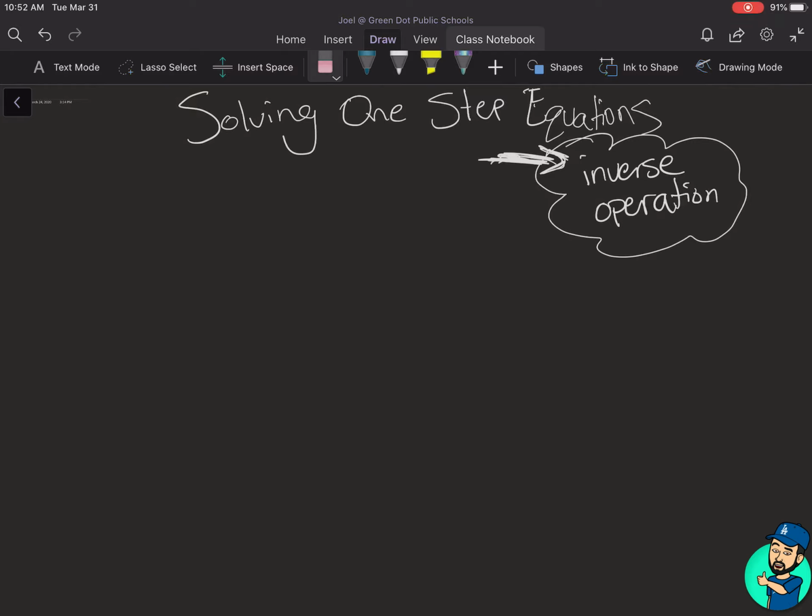Here we go. So now we have n plus 16 equals 9. Ask yourself, what number do I need to move to the other side of the equal sign? The 16.